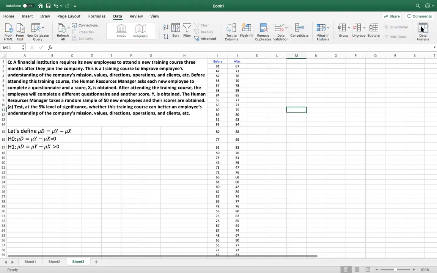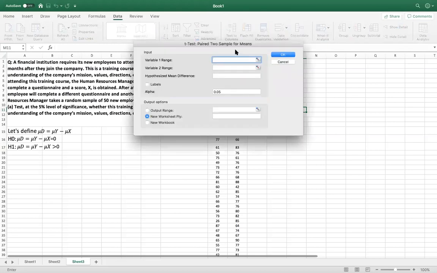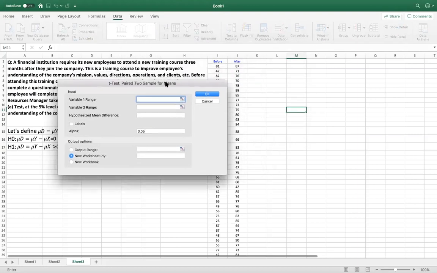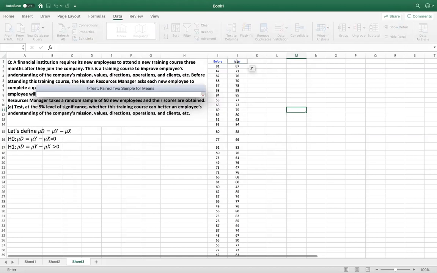It is under the data analysis, and you just choose t-test paired two sample for means. And for the variable 1 range, I'd like to choose the after score, which is the y.